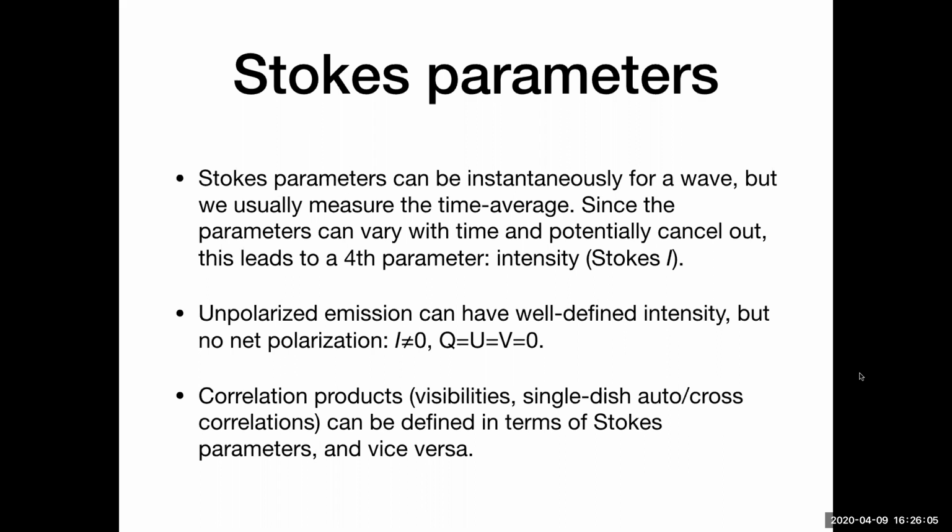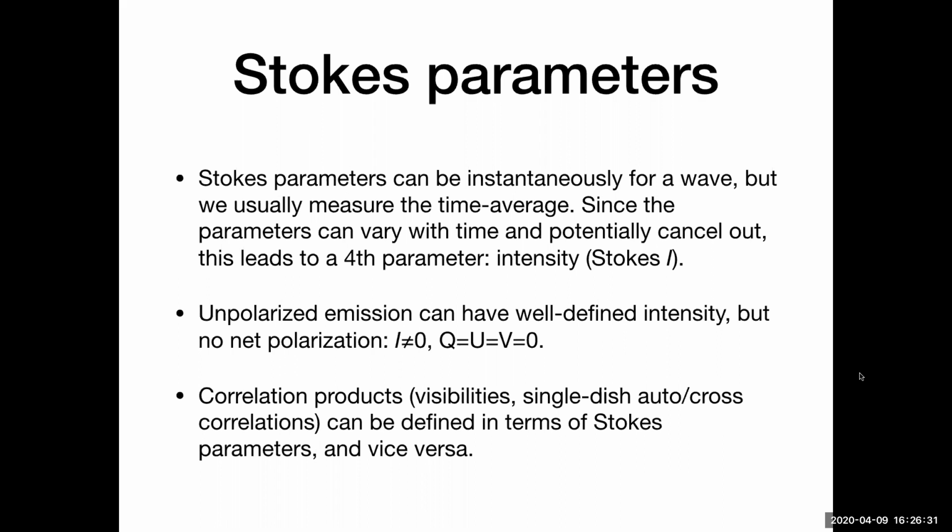All of these definitions for the Stokes parameters, we've started off by talking about in terms of single polarized waves, but you can propagate these definitions through all of the mathematics we've done in the first 3 lectures: correlations, interferometers, visibilities, the single dish correlations and autocorrelations.